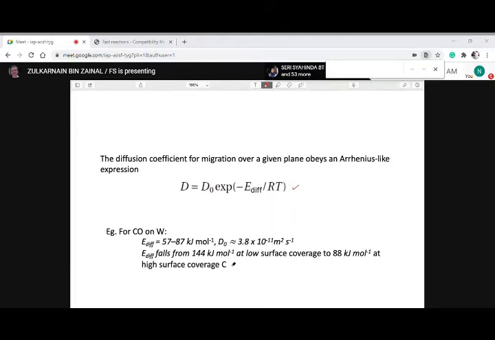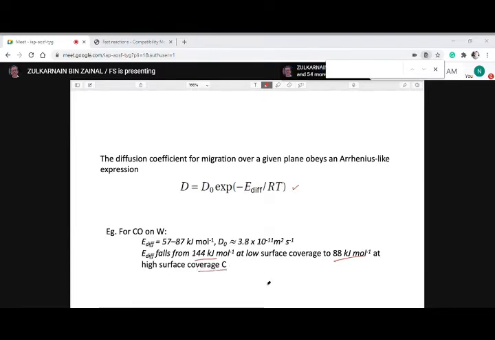So the diffusion energy falls from 144 at low surface coverage to 88 at high surface coverage. Meaning that this diffusion coefficient or diffusion energy also varies with the surface coverage, from 144 to 88 at the highest surface coverage.